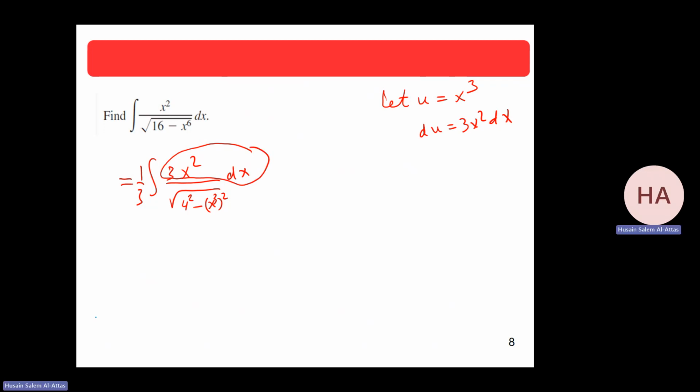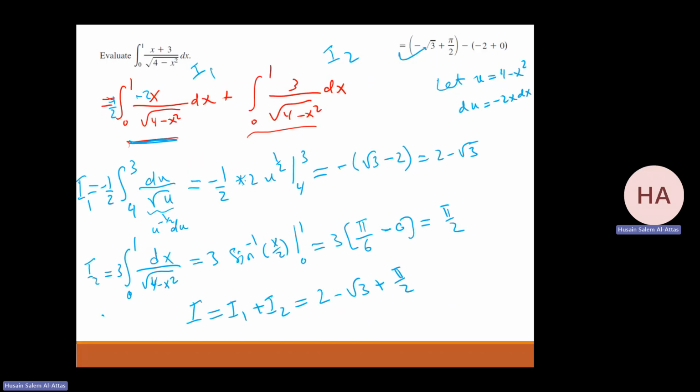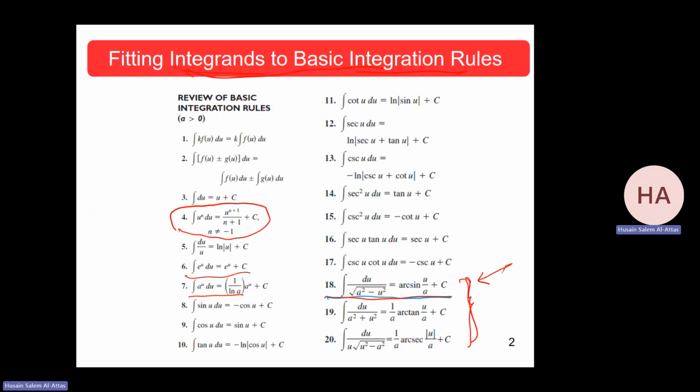So that will make it... So I'm getting 1 over 3 integral of du over square root of 4 squared minus u squared, if I let u equal x cubed, which is clearly now similar to this one.